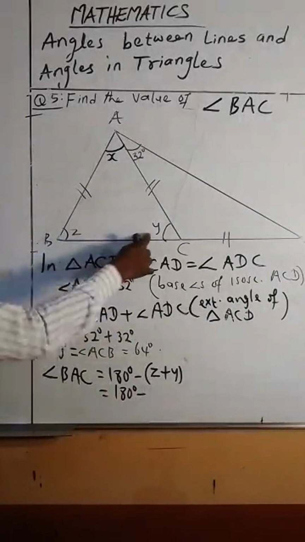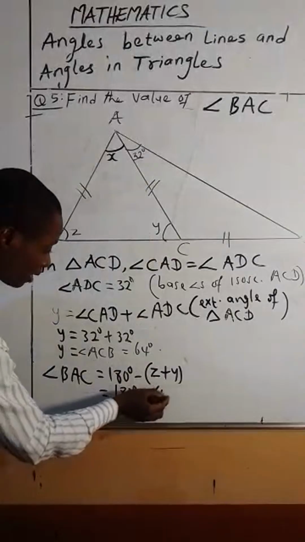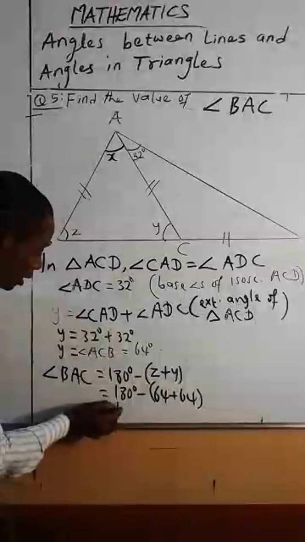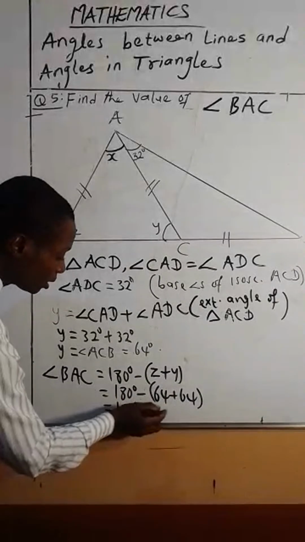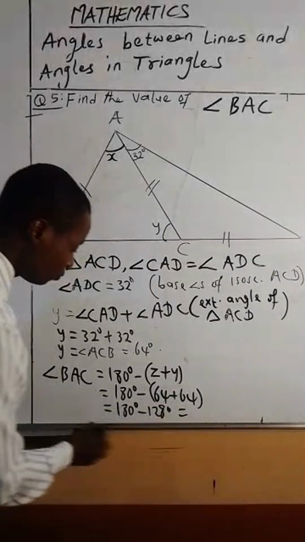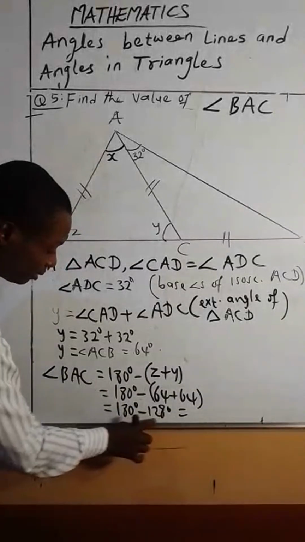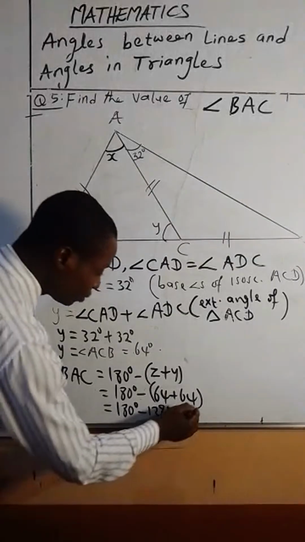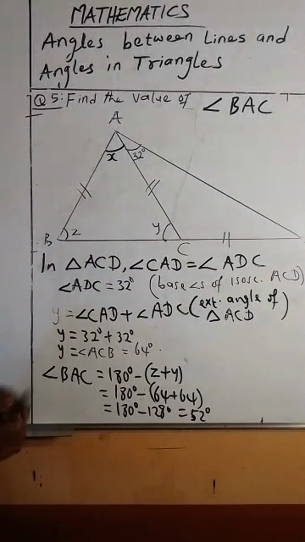So we have 64 plus 64, which is 128 degrees. So 180 degrees minus 128 degrees: 100 minus 100 is gone, 80 minus 20 is 60, 60 minus 8 is 52. 52 degrees. So this is the solution to the question.